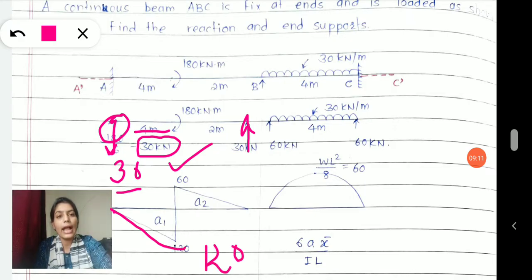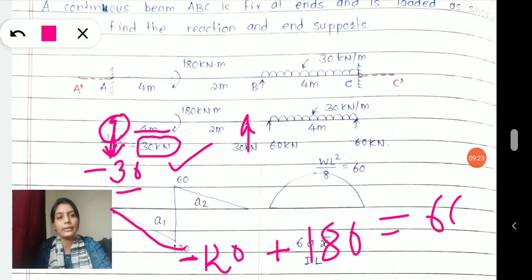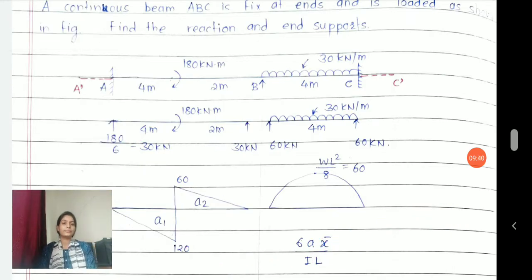Now this is negative because 30 is acting in the downward direction, right? Plus 180. Plus 180, how much will it be? 60. Plus 60, that's why you have taken it upward. Then you go to this end, which is the end support. That will be 0. So this is my bending moment diagram for the given loading, right?